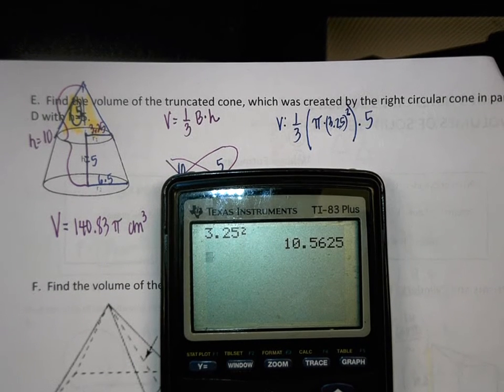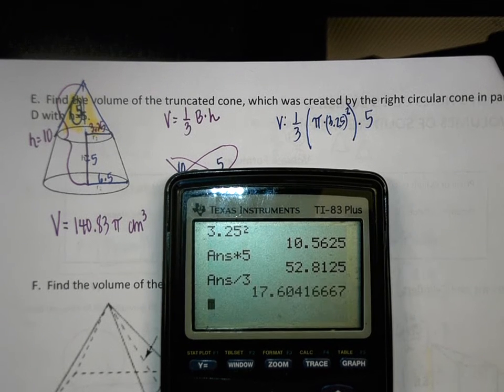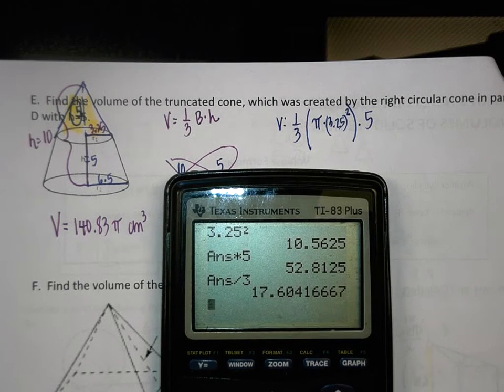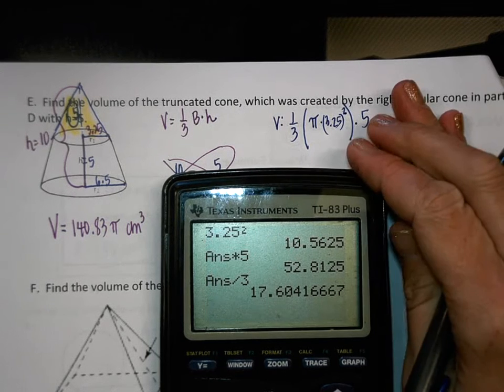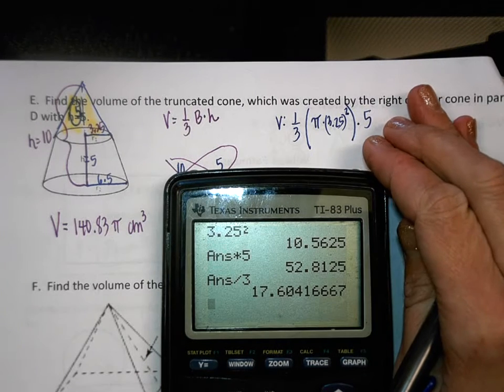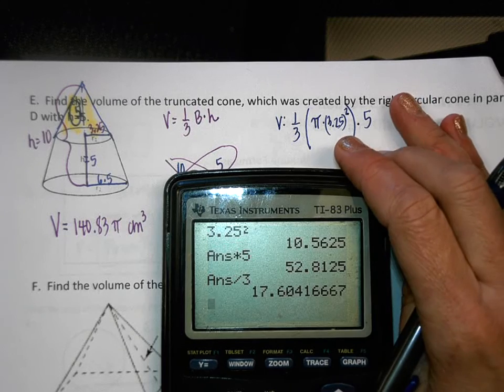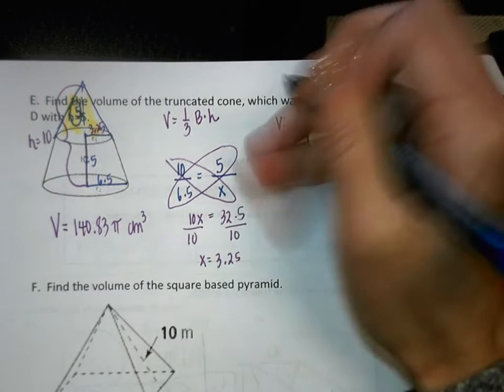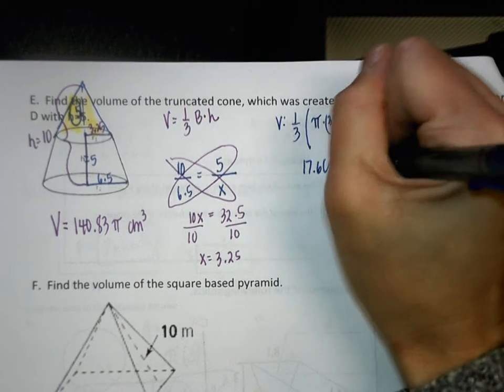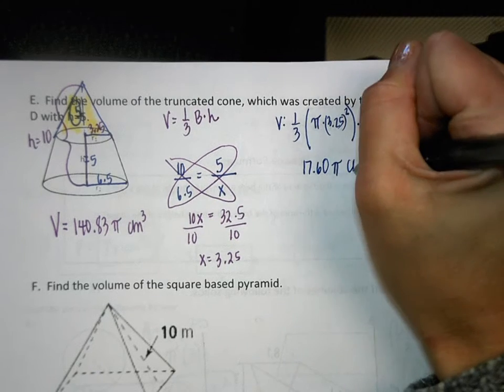And then I'm going to multiply that by 5. And then we're going to divide by 3. And what will I get if I round that to the nearest hundredth? 17.6. Yeah, 17.60, or you could write that as 17.6. So I have 17.60 pi centimeters cubed.